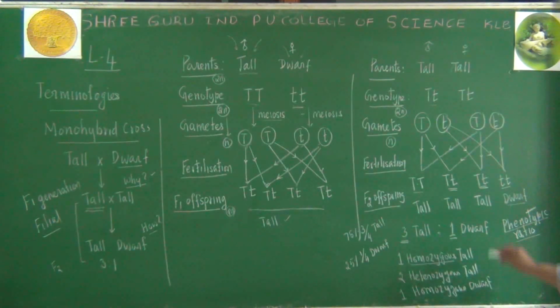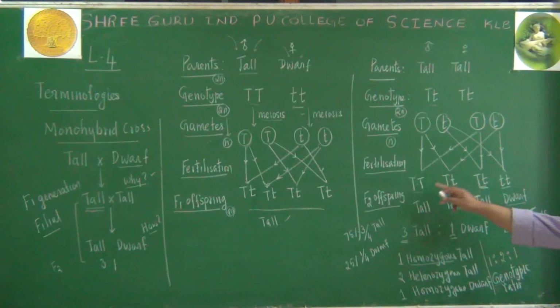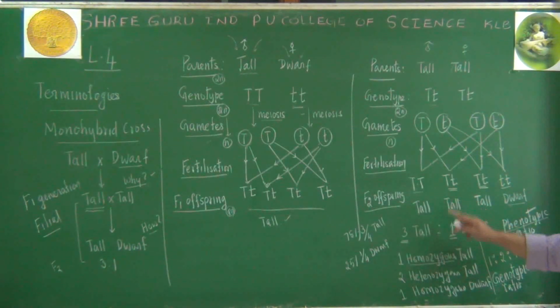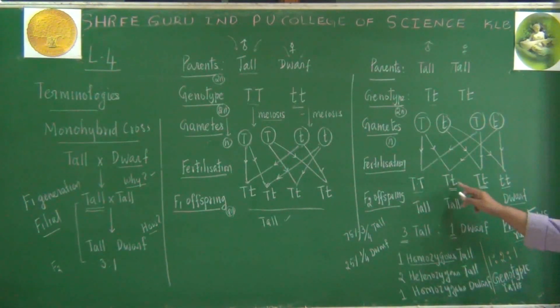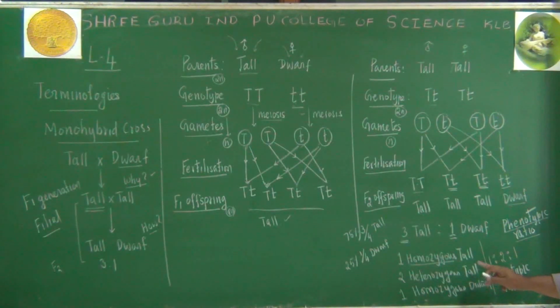When you call 3:1 the phenotypic ratio, I can say that 1:2:1 is the genotypic ratio for this monohybrid cross. This is called the genotypic ratio. What is genotypic ratio? Genotype means genetic makeup. Out of 3 tall individuals, 1 is genetically homozygous, 2 are genetically heterozygous.